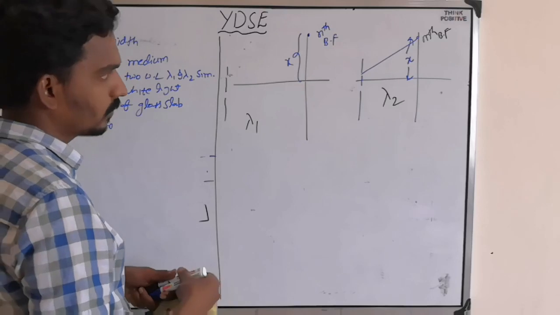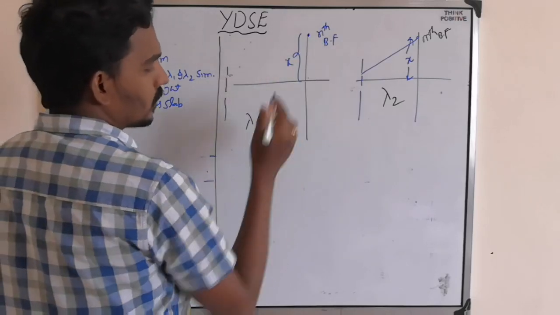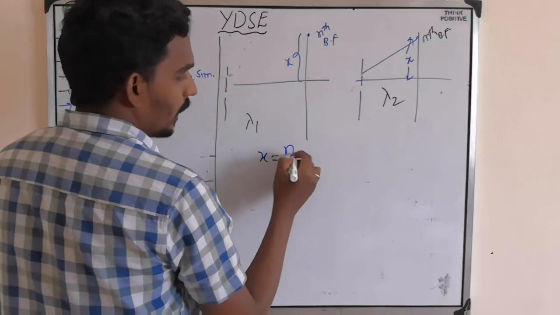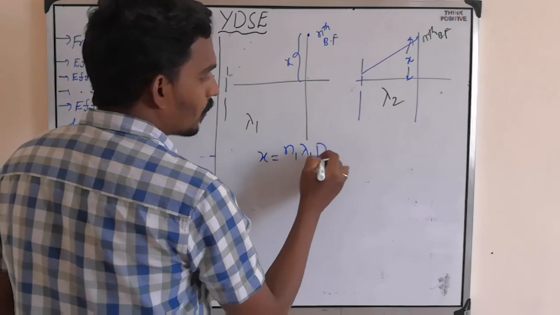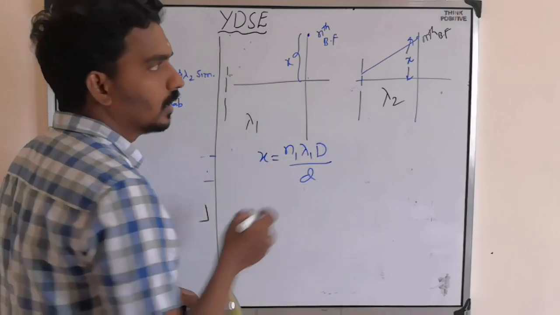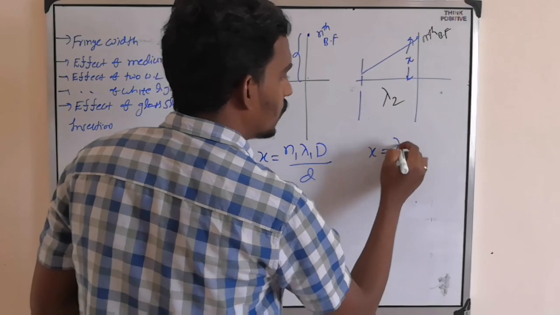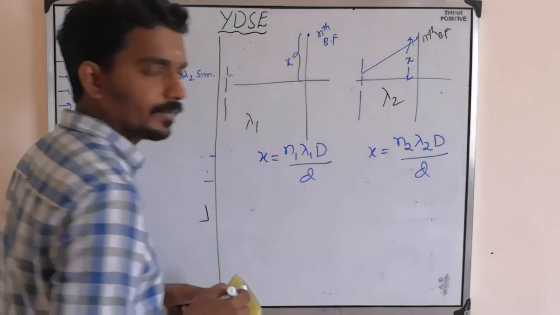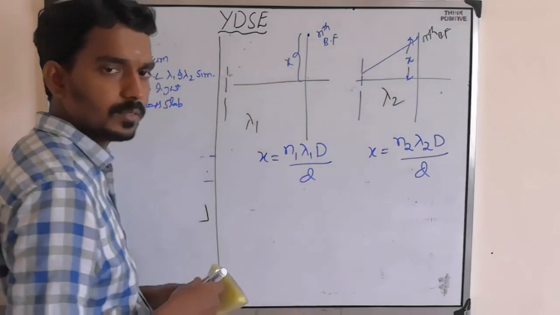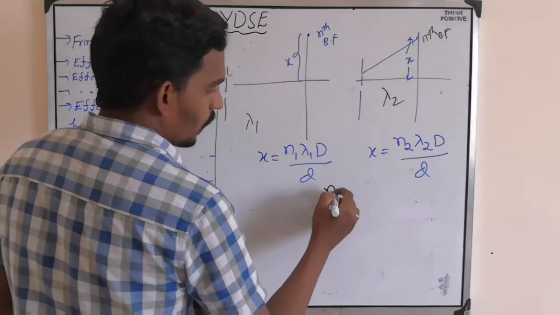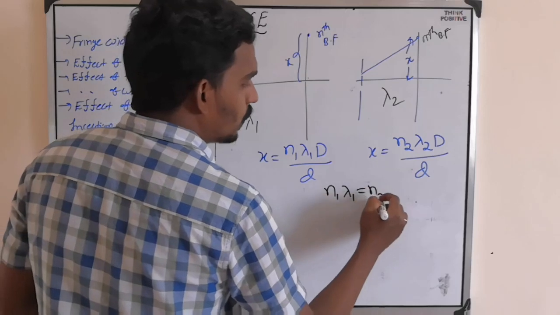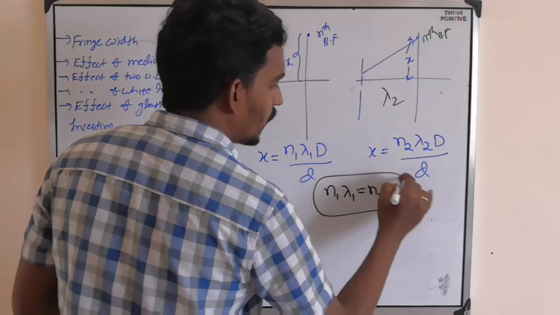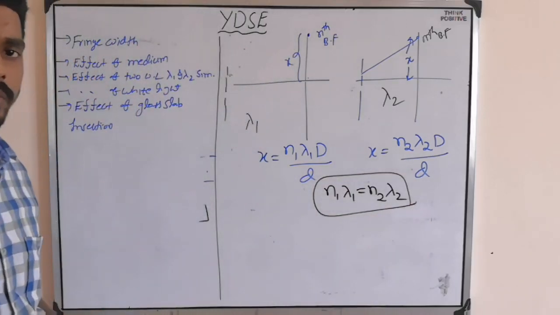Now this distance x will become n1 lambda 1 D by d. Here the distance x will become n2 lambda 2 D by d. But both are the same, so what condition will come? n1 lambda 1 equal to n2 lambda 2.